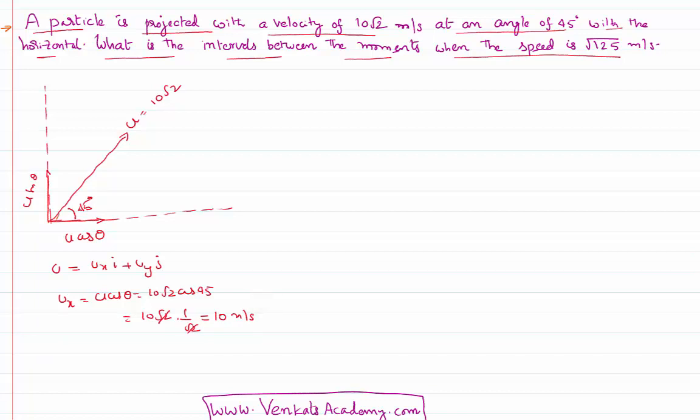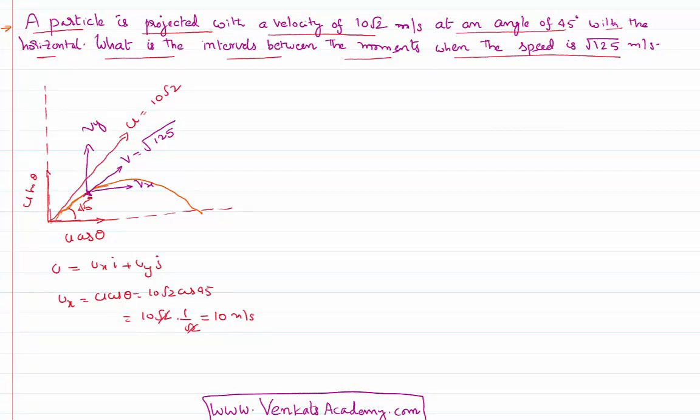Now we know that it takes a path of parabola. Somewhere at a particular point it is given that it's having a velocity v that is equal to root of 125. It will have a vx at that point. It will also have a vy at that particular point.